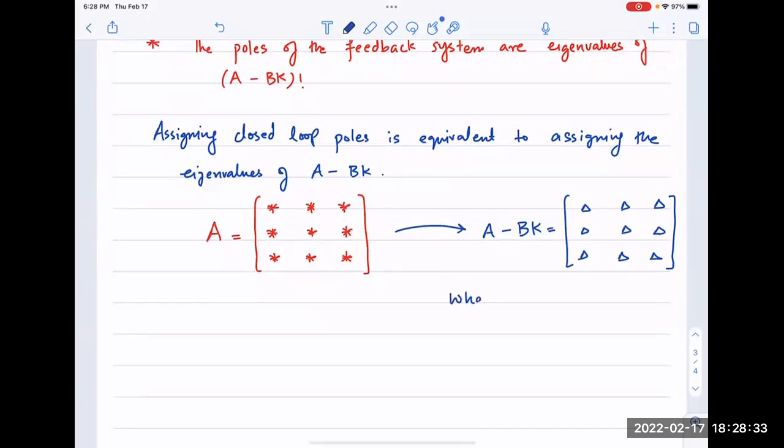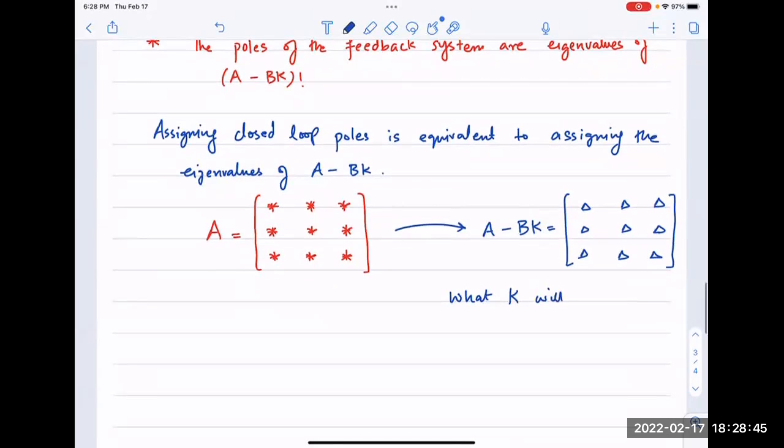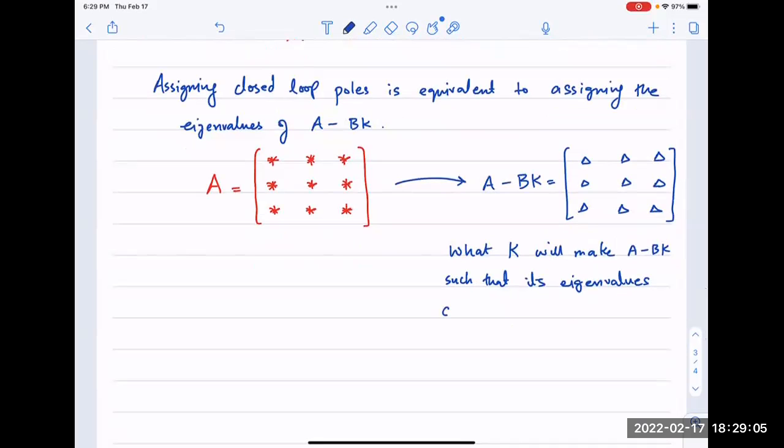So the question is, what K will make A minus BK such that its eigenvalues are at certain locations.